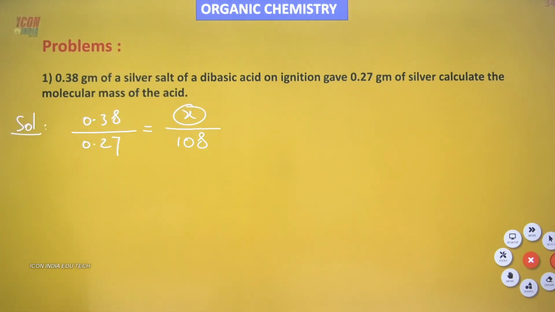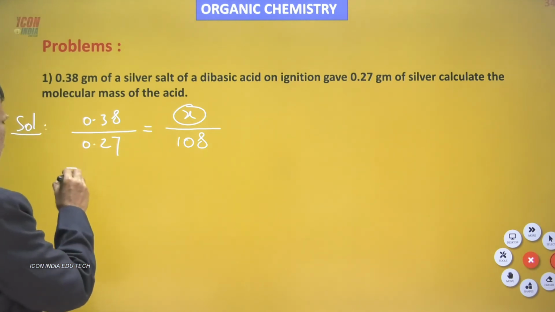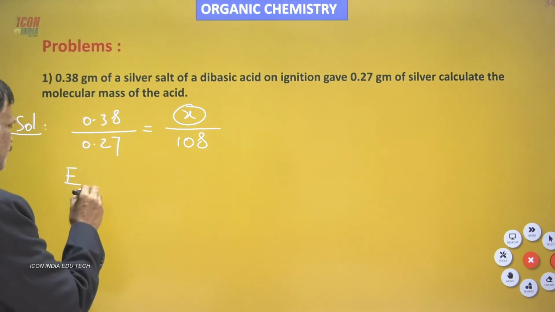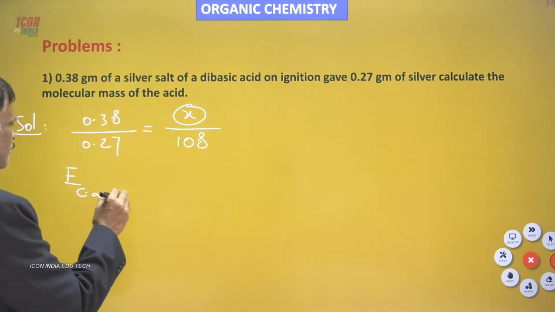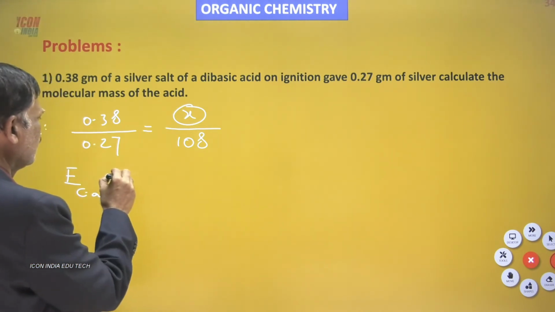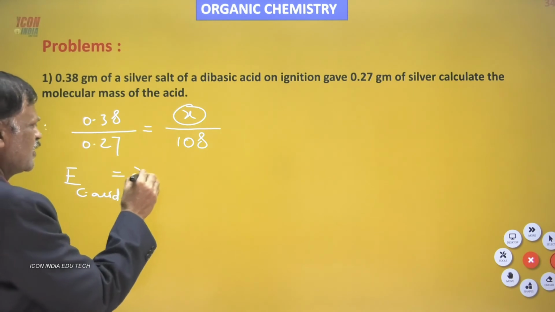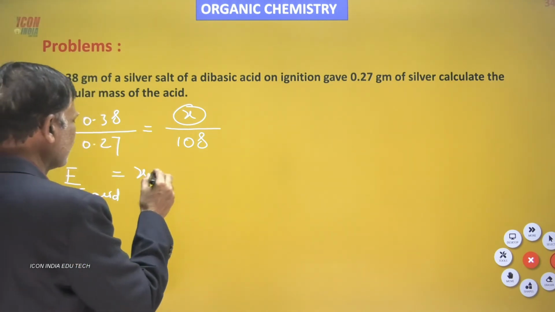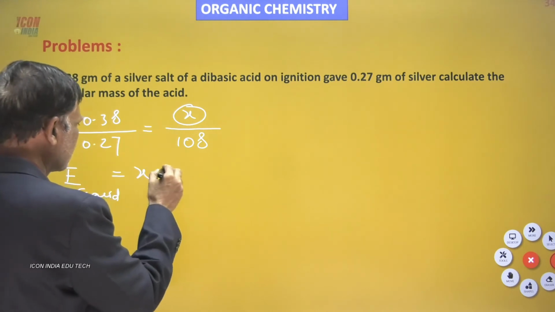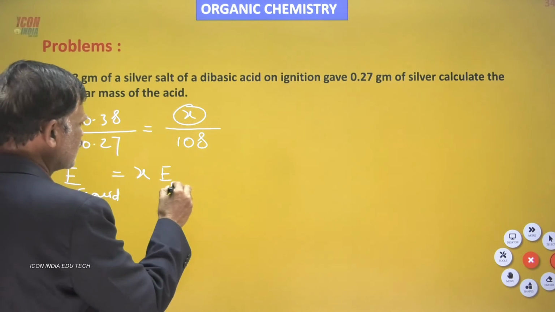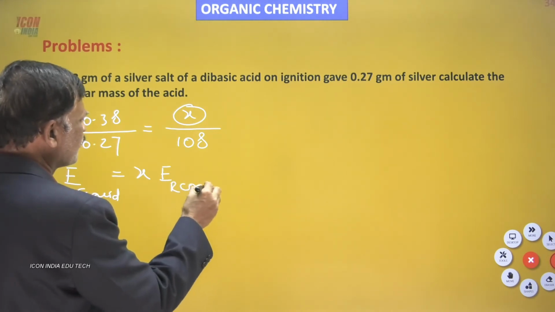Once you got the equivalent weight of silver salt, equivalent weight of acid, carboxylic acid, is equal to X. X is what? Equivalent weight of the silver salt, that is RCOOAg.